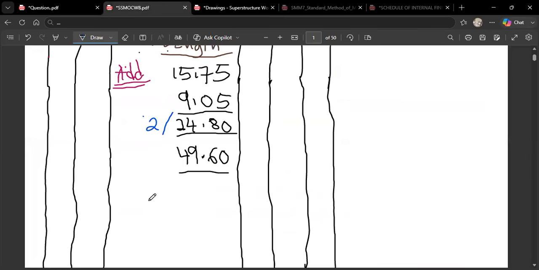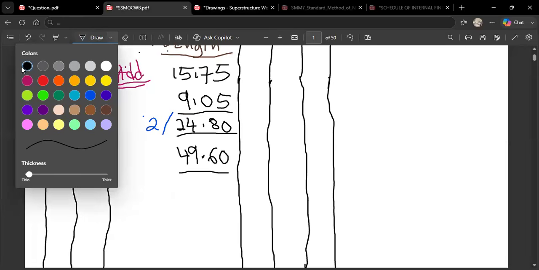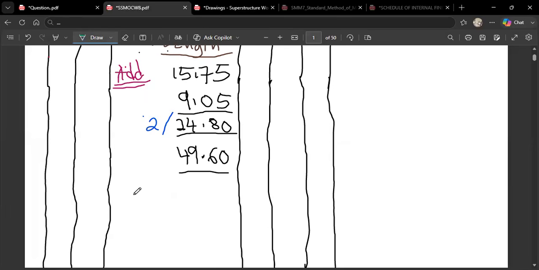So we are going to less corners. In lessening the corners, it's just going to be 4 times 0.15.